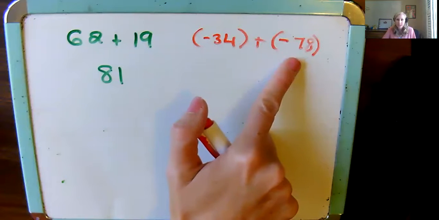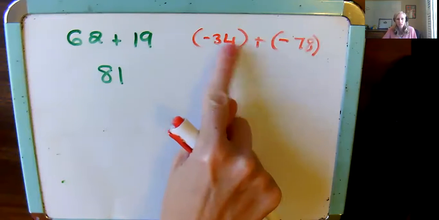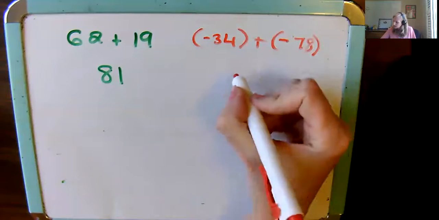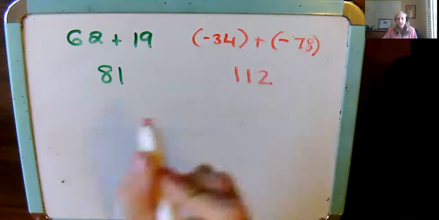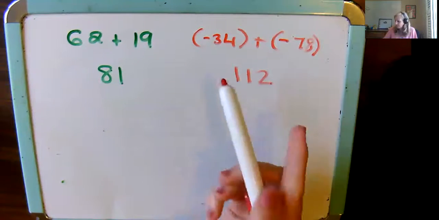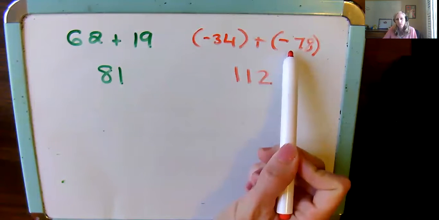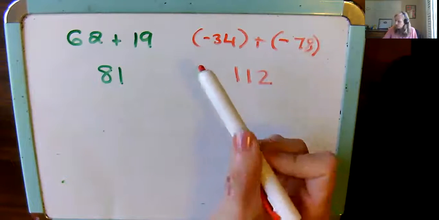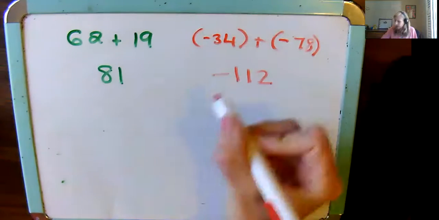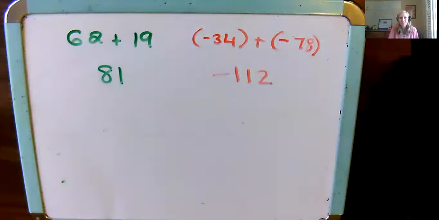Same signs, add and keep. So we're going to add 34, we're going to add 78, which gives us 112. And we're going to keep the sign. If you went down 34 steps and then you went down 78 steps, then you've gone down a total of 112 steps.